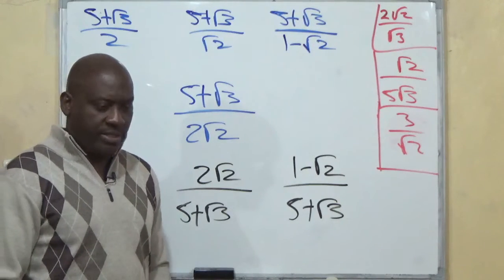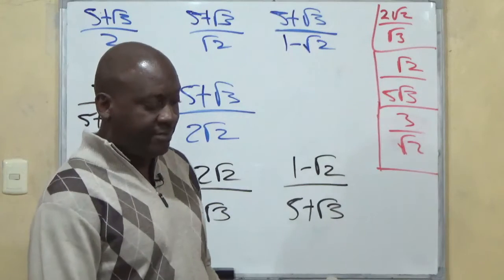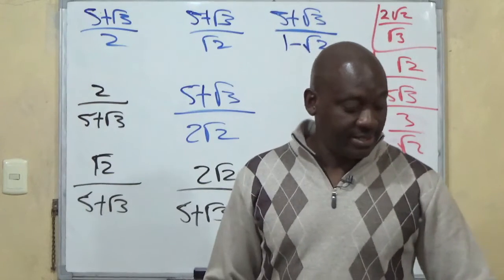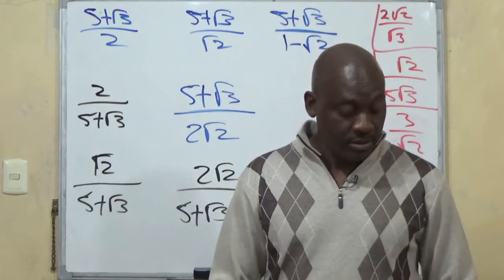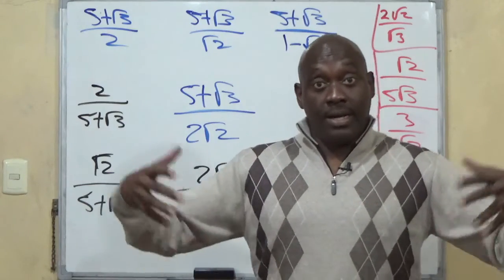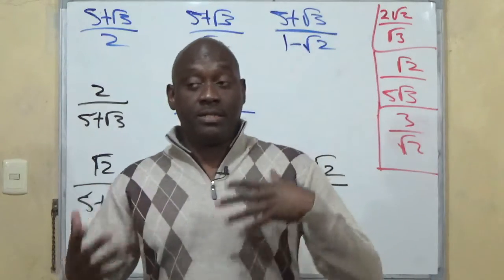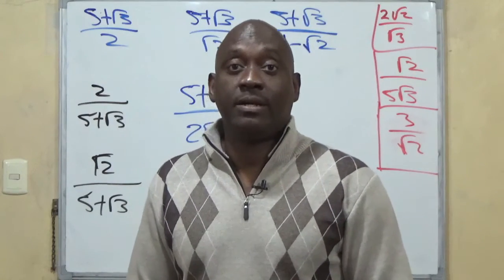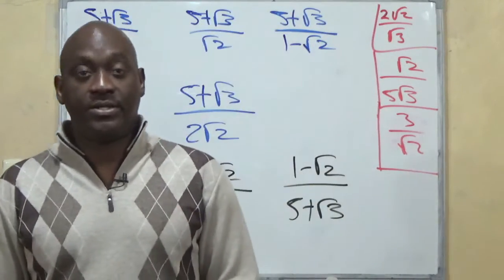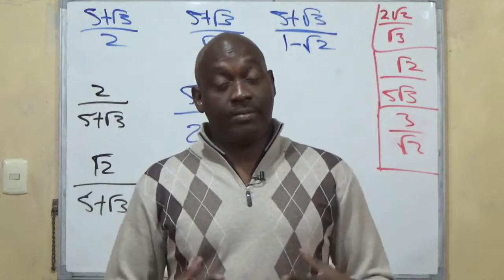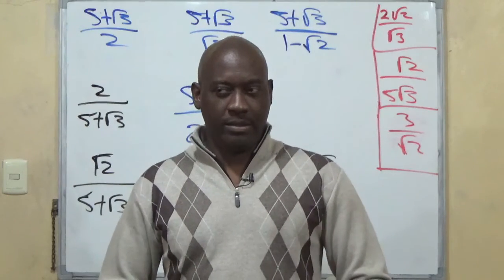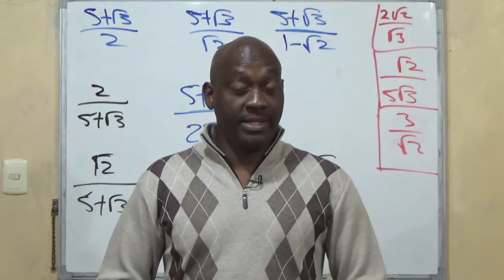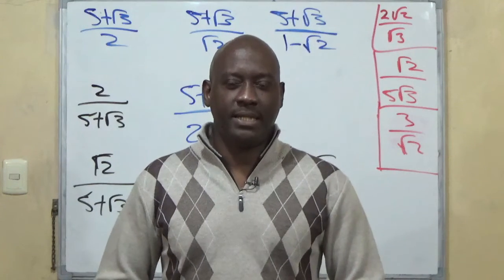So in other words, you could have different types of divisions where surds are concerned, and each situation comes with its own particular arithmetic procedure.